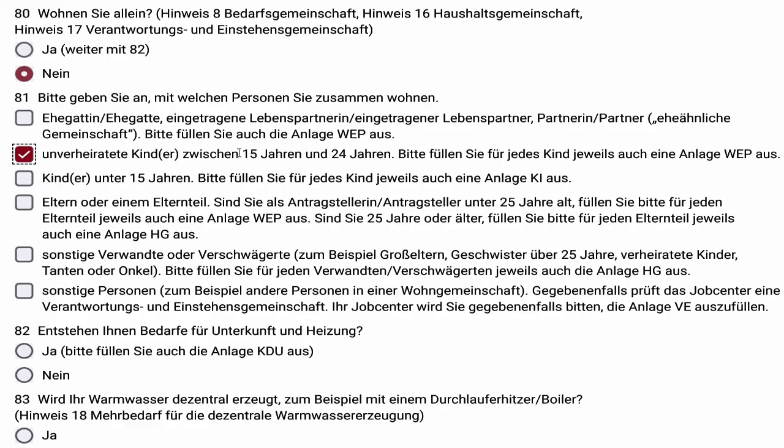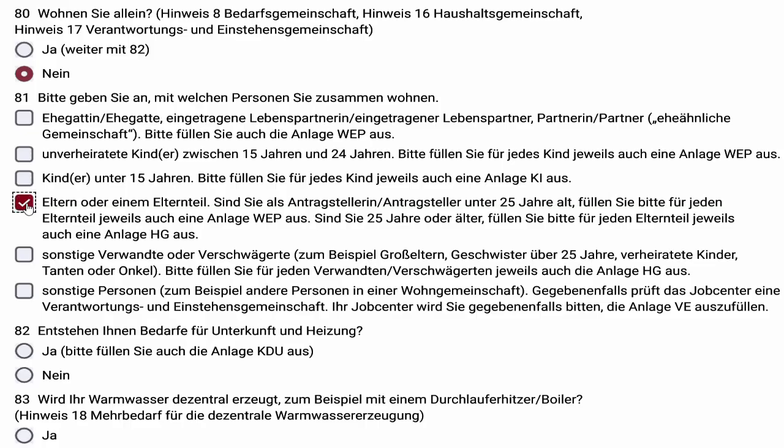If you're living with a child or children who are under 15 years old, for each of these children you fill in the attachment KE and send it together with this form to the job center and you mark here. If you're living with your parents or one of your parents, you mark here.